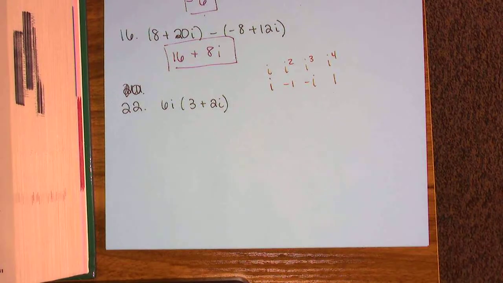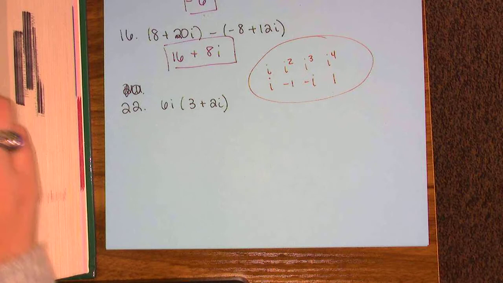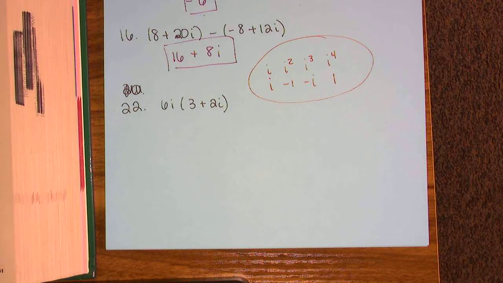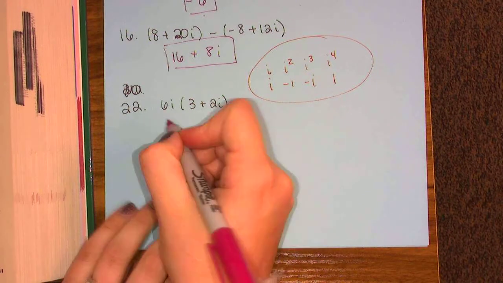It follows the pattern i, negative 1, negative i, 1. That's going to be important. If you didn't watch the video, this is something you really need to know, because I may ask you what i to the 29th is. It follows the same pattern. We'll talk about how to do those later. But for now, how do I multiply this?